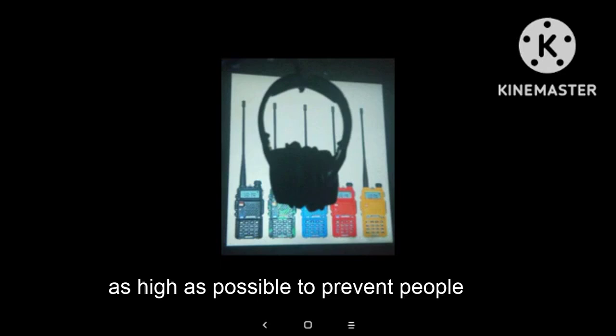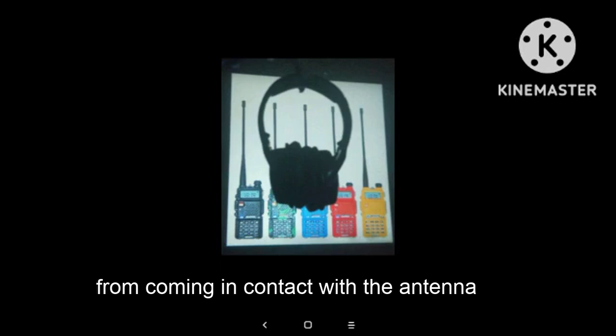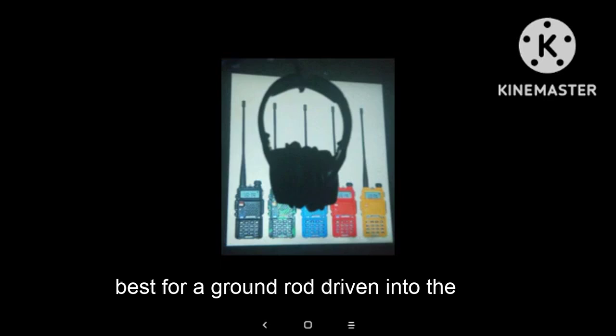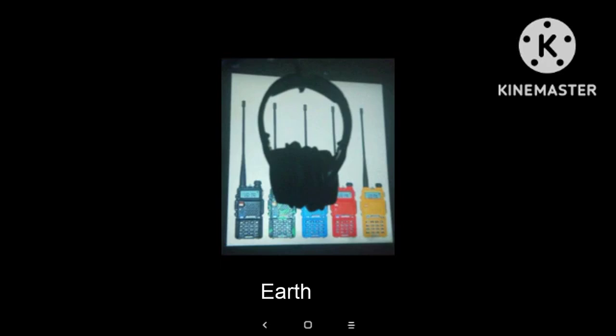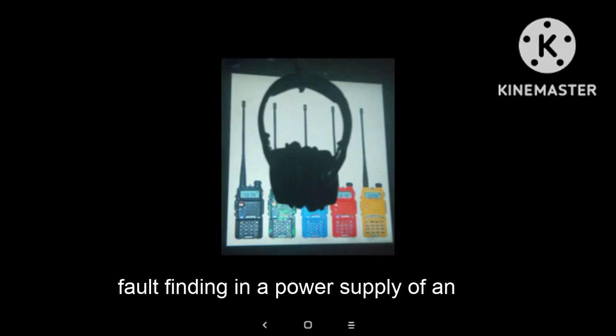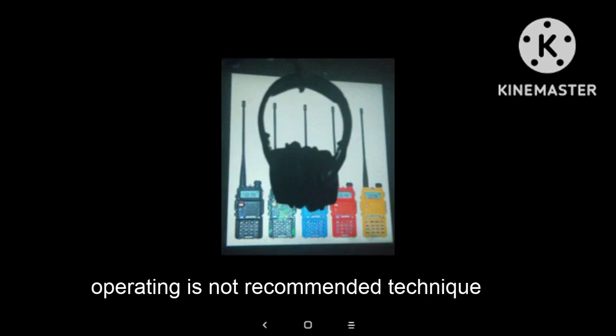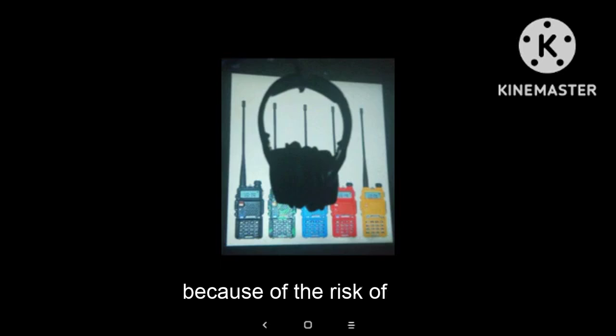As high as possible to prevent people from coming in contact with the antenna. Number 12. Which of these materials is best for a ground rod driven into the earth? Copper-clad steel. Number 13. Fault finding in a power supply of an amateur transmitter while the supply is operating is not a recommended technique because of the risk of electric shock.